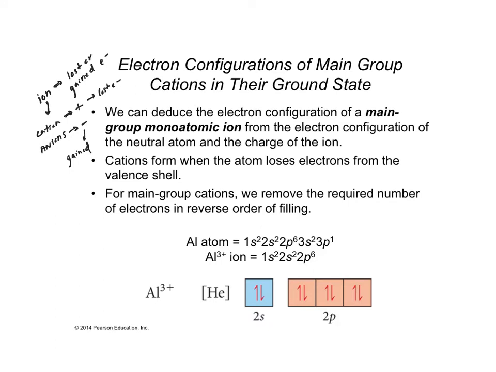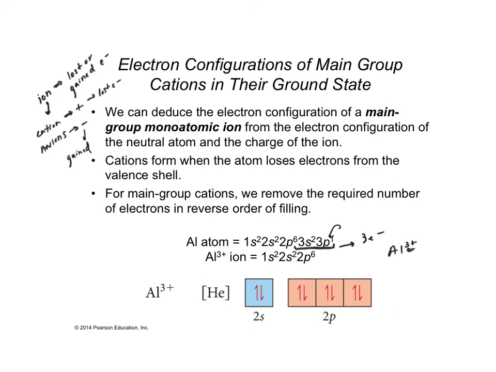So for example, aluminum. As we fill our little orbitals with respect to our electron configuration, the last electrons that we put in, which for aluminum would be the 3s2, 3p1, when we remove 3 electrons to form our aluminum 3+ cation, we're going to remove them from the last orbitals that we put them in.